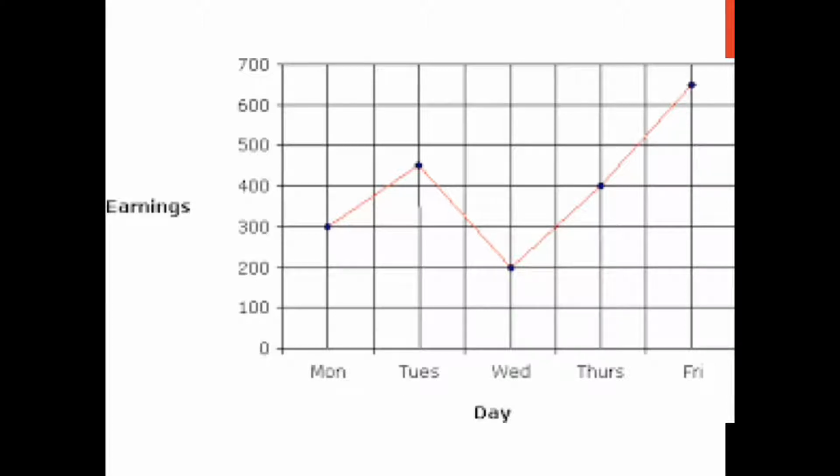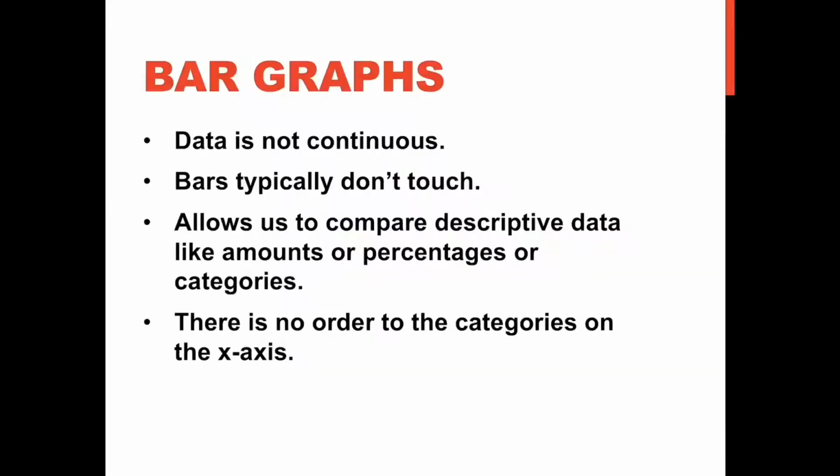Scatter plots are similar to line graphs, but they don't show change over time, and they're just a bunch of dots not connected. So an example of a line graph for this picture in this case, it's earnings per day. You get to see how much money somebody makes each day of the week.